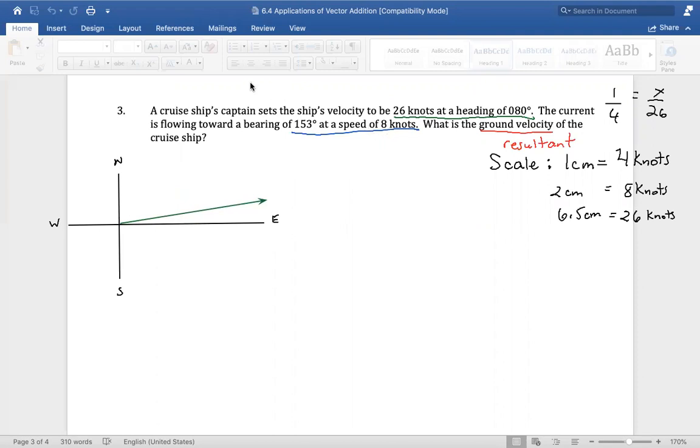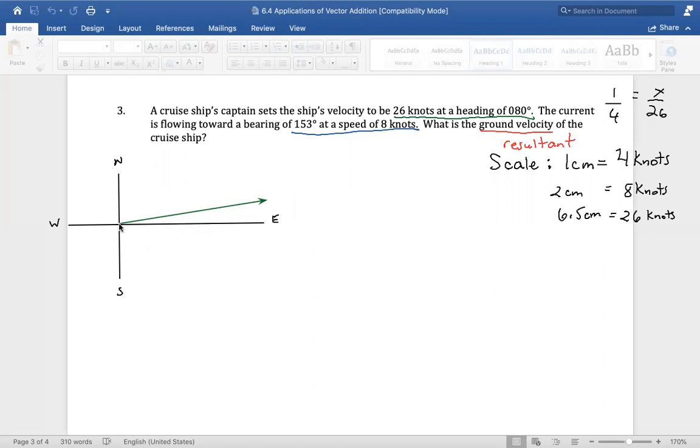And then my blue vector is 153 degrees at a speed of 8 knots. I'll draw in the information afterwards, just since I'm on these arrows. Instead of switching, you might want to do it as you go, but just because of this program. And then I'm going in a direction of 153 degrees. Well, what's 153 degrees? So I've got 90 here. If I were to take 153 minus 90, I would have an additional 63 degrees.